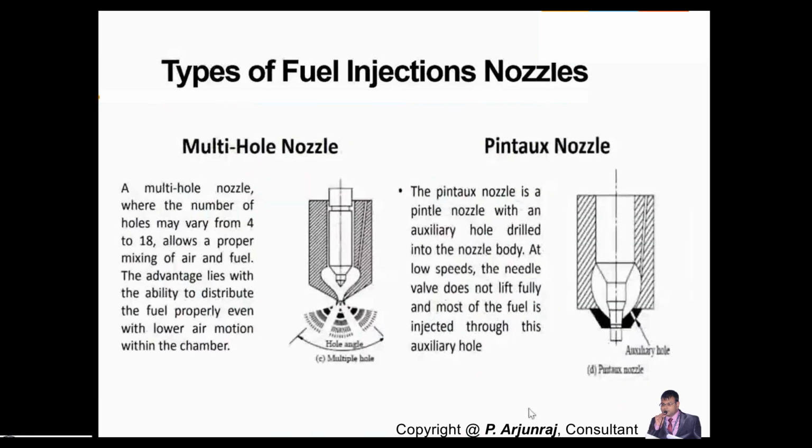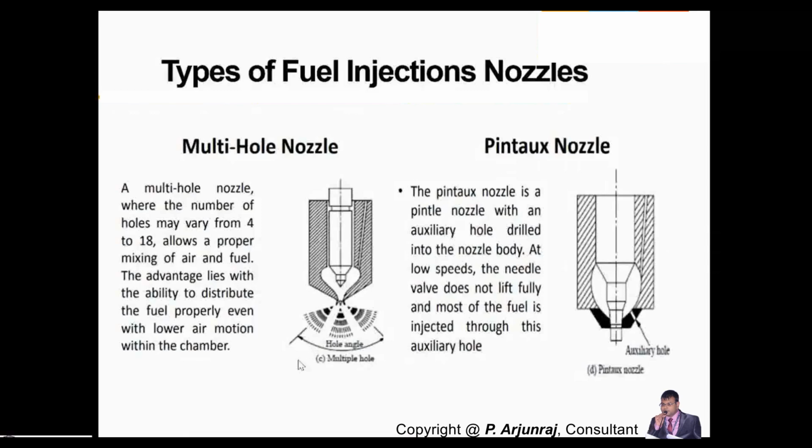And the next important type is the multi-hole nozzle, where the number of holes will vary from 4 to 18. Again, the number of holes depends on requirement, and it will also vary with respect to the engine configurations, the peak firing conditions, operating conditions, etc. So in the case of multi-hole, you see how the spray angle, cone angle gets mapped.